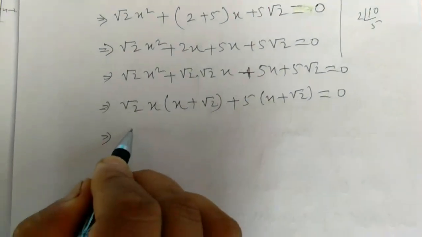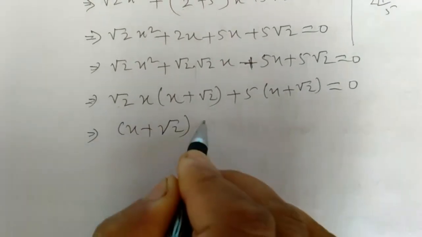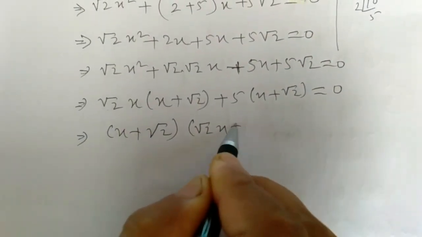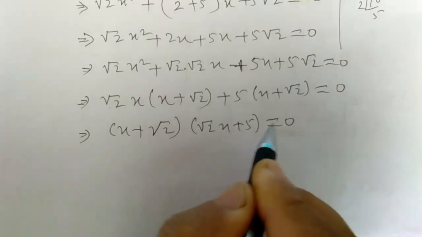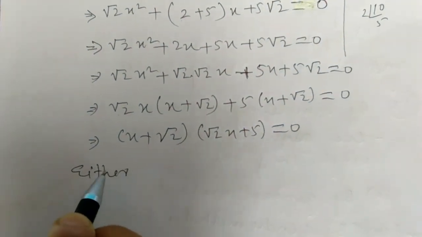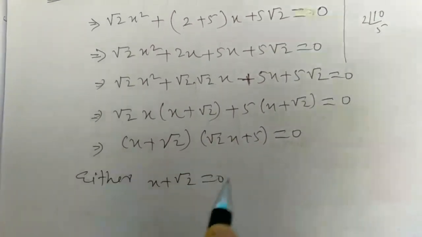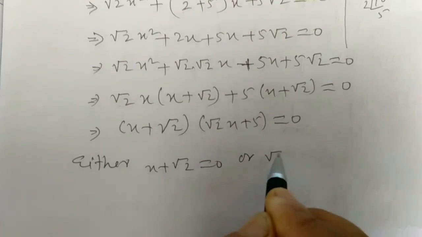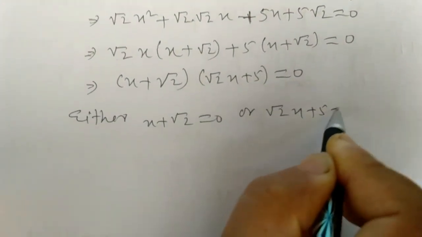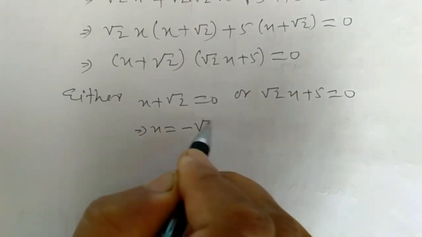After that you will make groups, insider one group, outsider one group equal to 0. Then either x plus root 2 equal to 0, or root 2 x plus 5 equal to 0. x equal to, this is plus, that will become minus root 2.